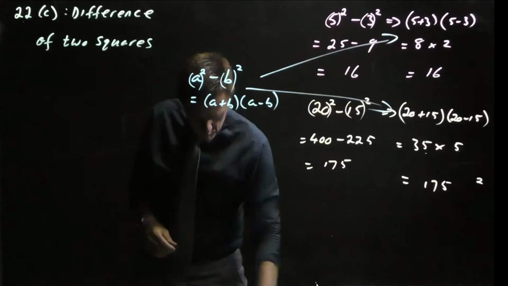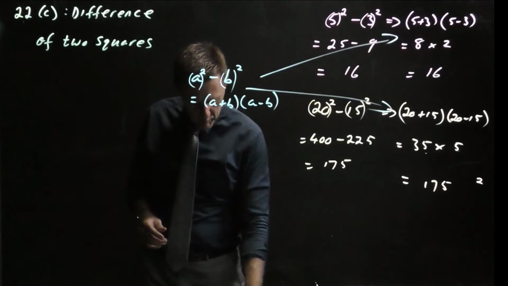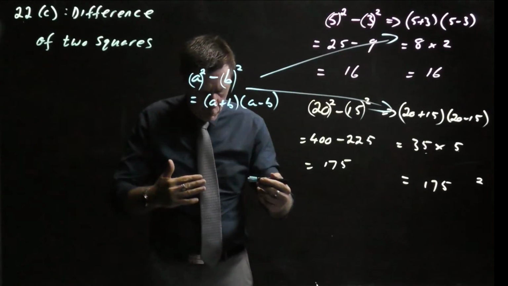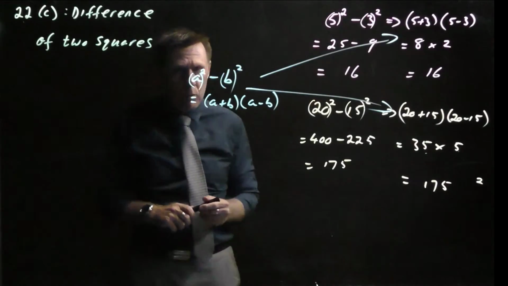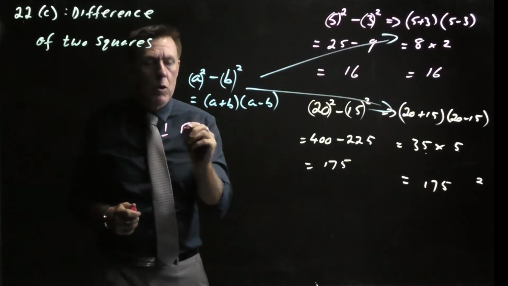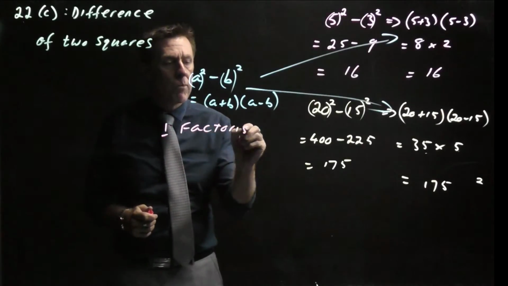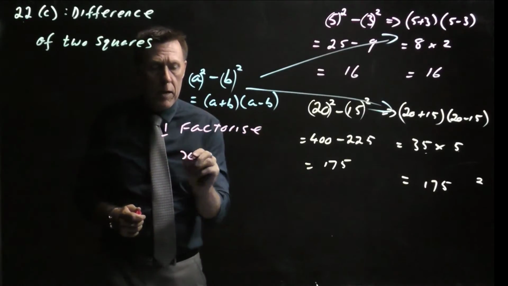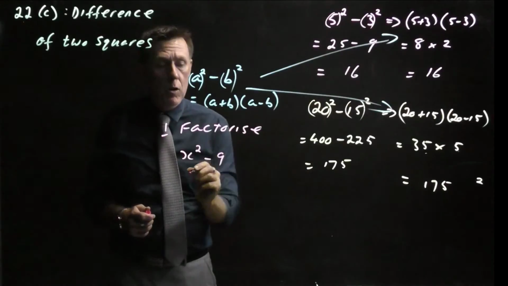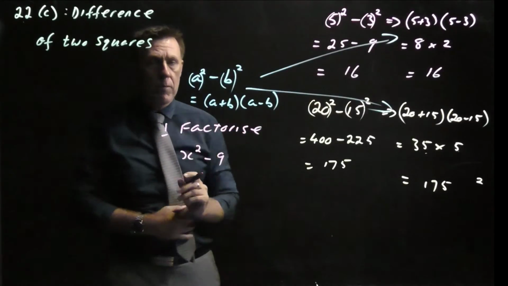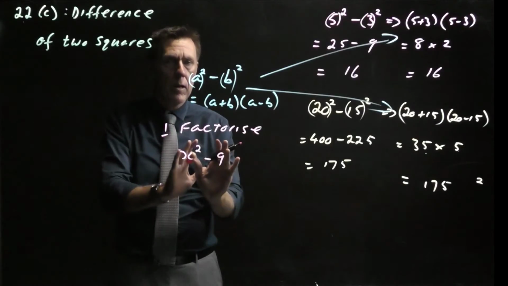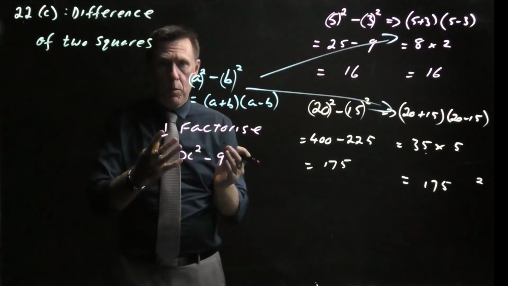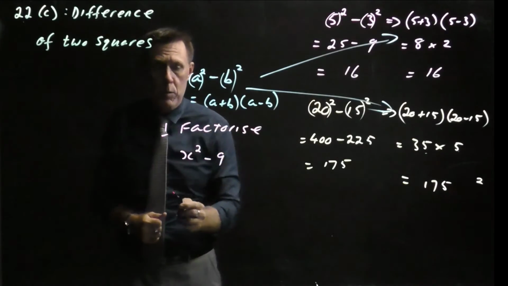Now, you'll get questions that will flow both ways. For example, one type of question you will get is being asked to factorise. So you might have x squared take away 9. You're asked to factorise. That means turn it from two numbers added or subtracted together into two numbers multiplied together. So what will those two numbers be?